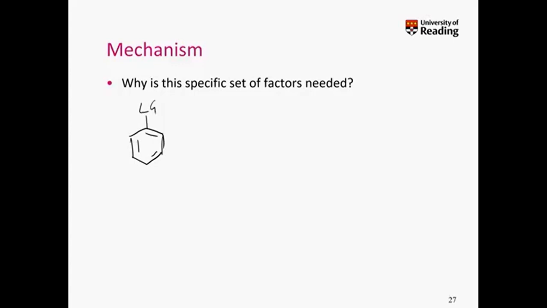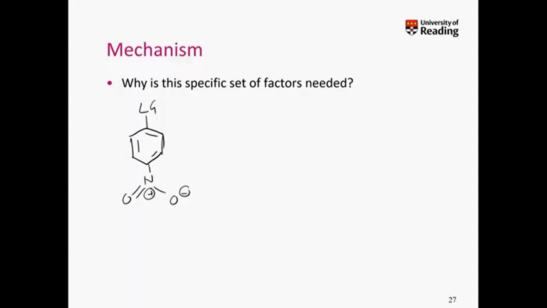The leaving group, we're not going to worry too much what the leaving group is. It's just going to be any leaving group that we want, but we will put in a specific electron withdrawing group. It's the one that we've seen before, which is the nitro. So how does the nitro group withdraw electrons from the ring?